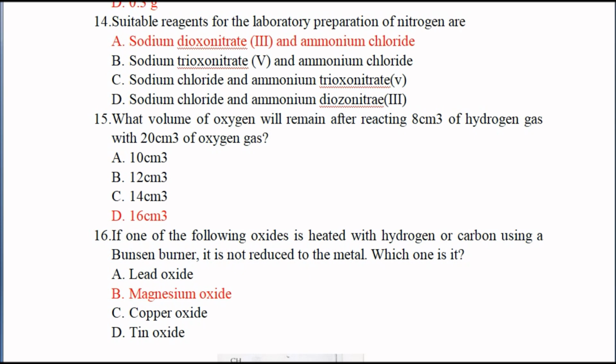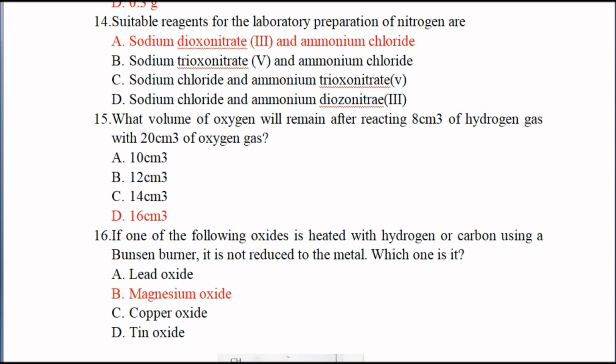You can balance the equation considering the reactants and the products, and you get 16 cm³ as the answer, because option A is 10 cm³, B is 12 cm³, C is 14 cm³, and D is 16 cm³. So D is the answer.